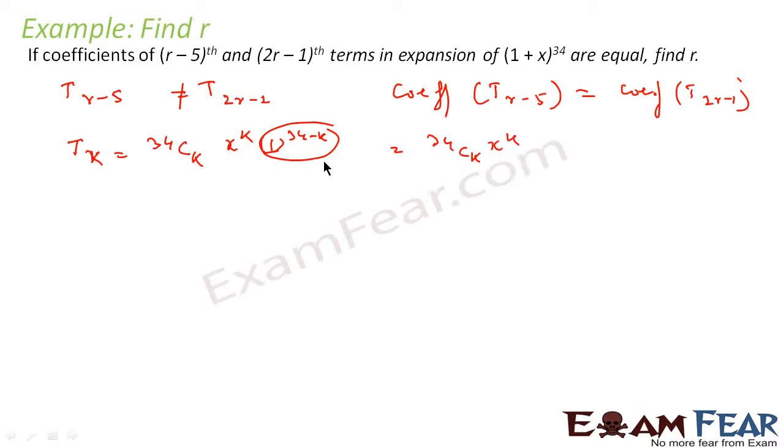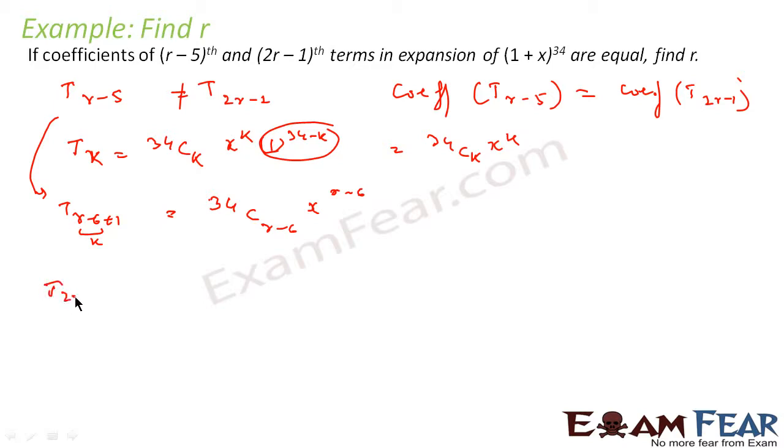This is the T(k+1) term. T(r-5), we can also write T(r-6+1). This becomes k equals r minus 6. So the whole term, let's take now, becomes 34C(r-6) into x^(r-6). This is the T(r-5) term.